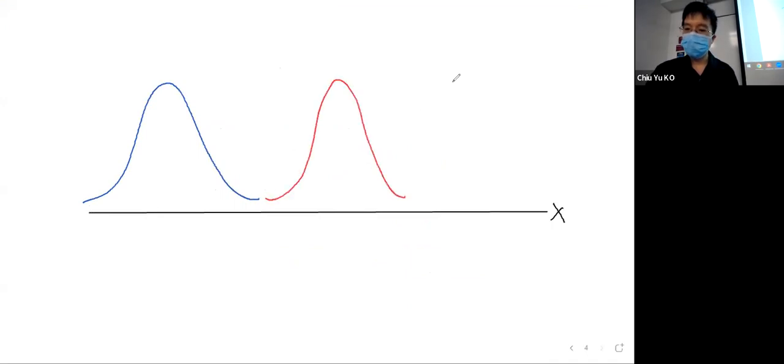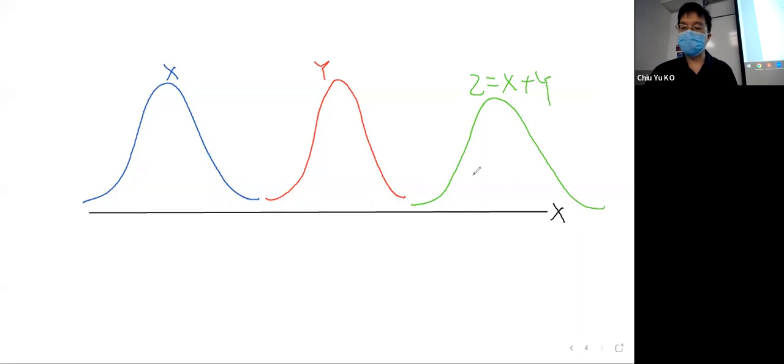What it means is, I call this X, and this is Y, they're both bell curves. And I add them up. Z is X plus Y, it's still a bell curve. So two bells added together is still a bell.